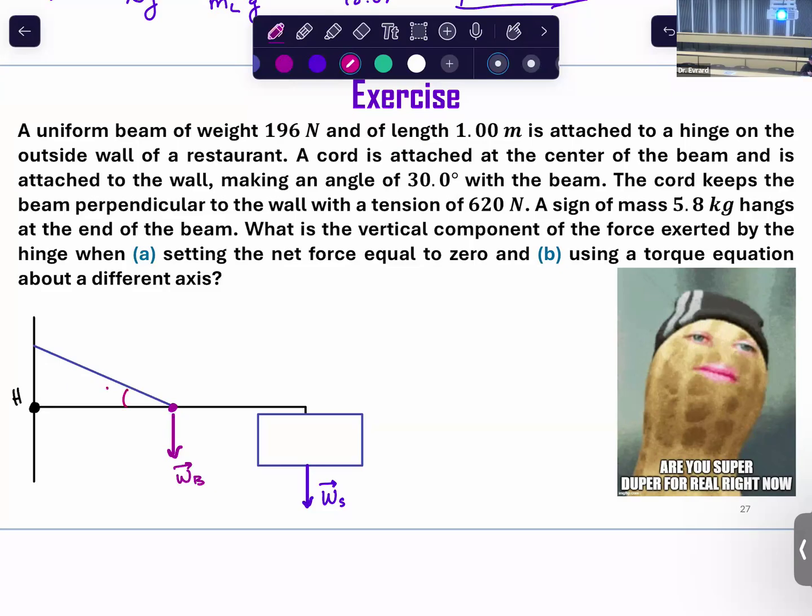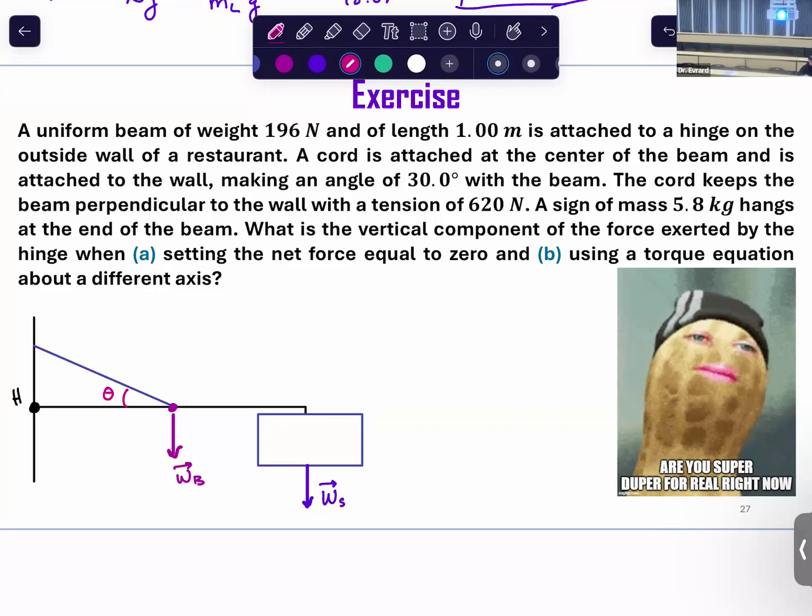Now, our angle theta is there. All of these things are happening, and it's gonna exert a force at the pivot point. We need to figure out if that force is up or down and what its magnitude is. That's where the hinge is.